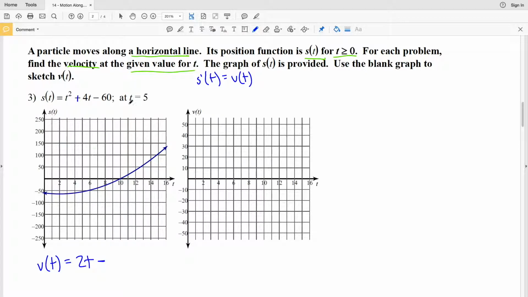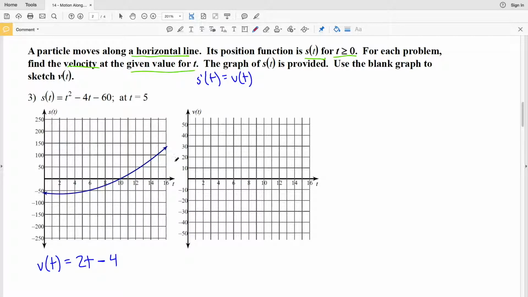So we'll have 1 times 4, which is 4, so subtracting 4, and then t to the 1 becomes t to the 0, which is 1, and 4 times 1 is 4. So we have 2t minus 4, and then the derivative of a constant is 0. So our derivative, v of t, is 2t minus 4. So let's go ahead and graph that.